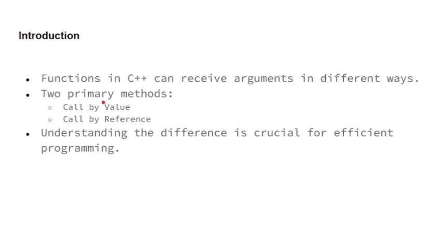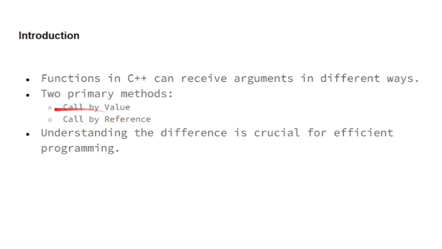The two primary methods to receive arguments are call by value and call by reference. These two methods are used to get the values of arguments. Understanding the difference is crucial for efficient programming.